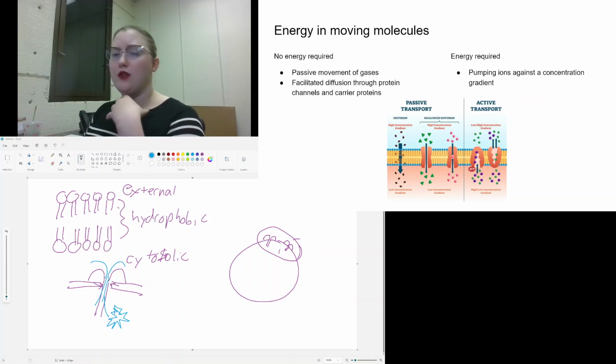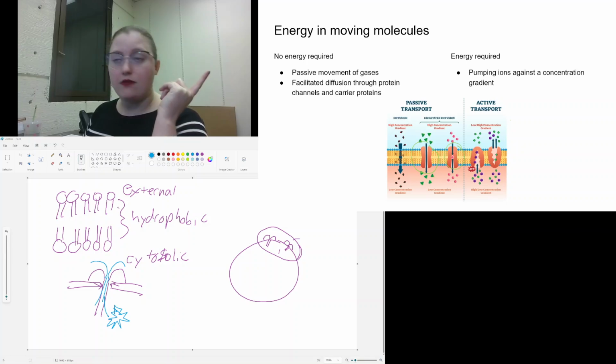Okay, so this selective permeability impacts the amount of energy that's required for different movements. No energy is required for things that can pass through on their own, or things that are going through a channel protein like this one, or a facilitated diffusion assistant protein.